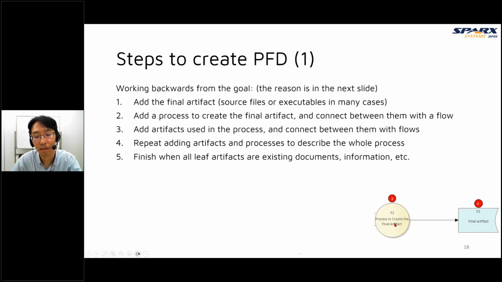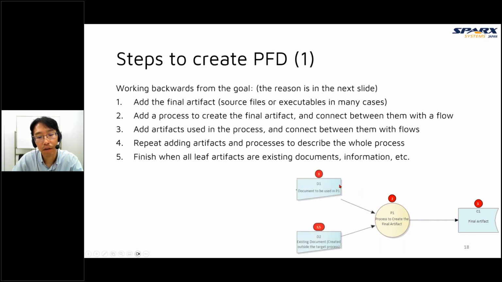And then we think what information is necessary to create this final artifact in this process, add other artifacts and connect them to the process. And repeat again and again.